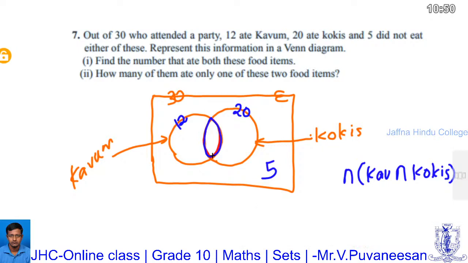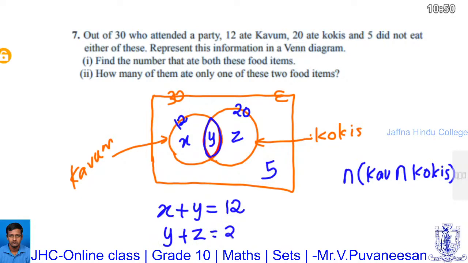To find this, I put the regions as x, y, z, the numbers of members. We can write x plus y equals 12, the number of attendees at kavum, and for cookies, y plus z equals 20.